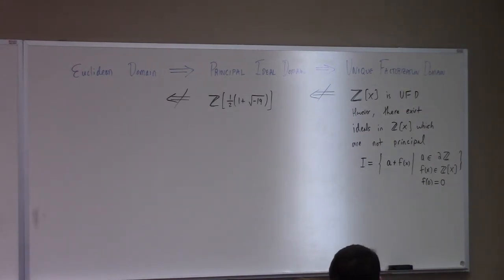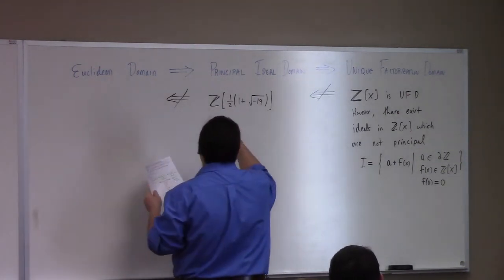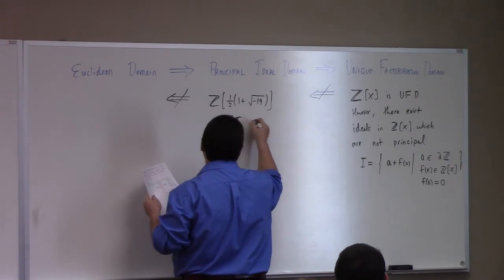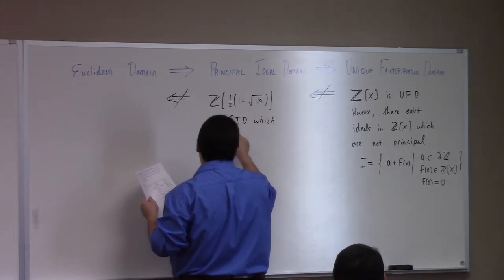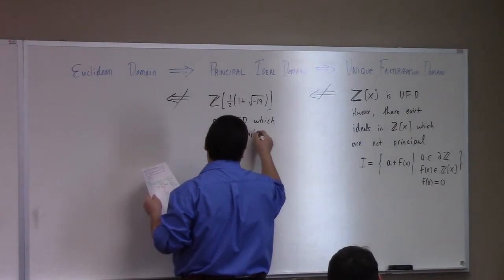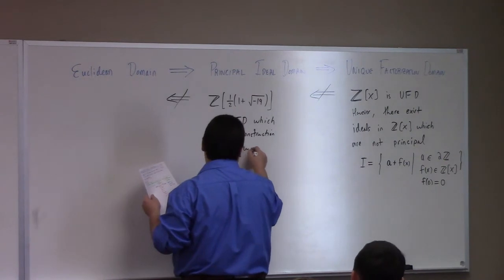It's not a Euclidean domain. You can't construct a division algorithm in this thing. This is a PID, which forbids construction of delta with division algorithm.